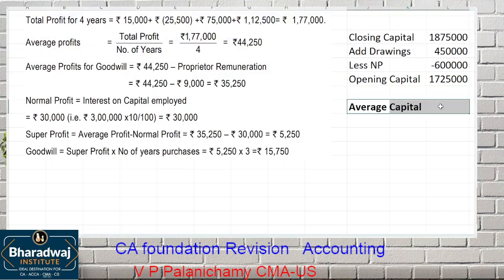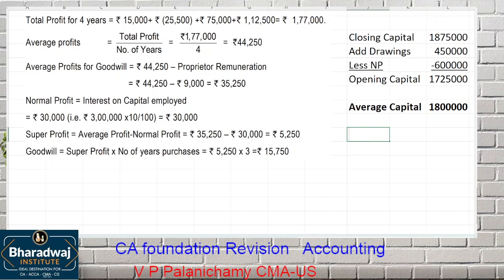Average capital is opening capital plus closing capital divided by 2, which comes to about 18 lakhs.